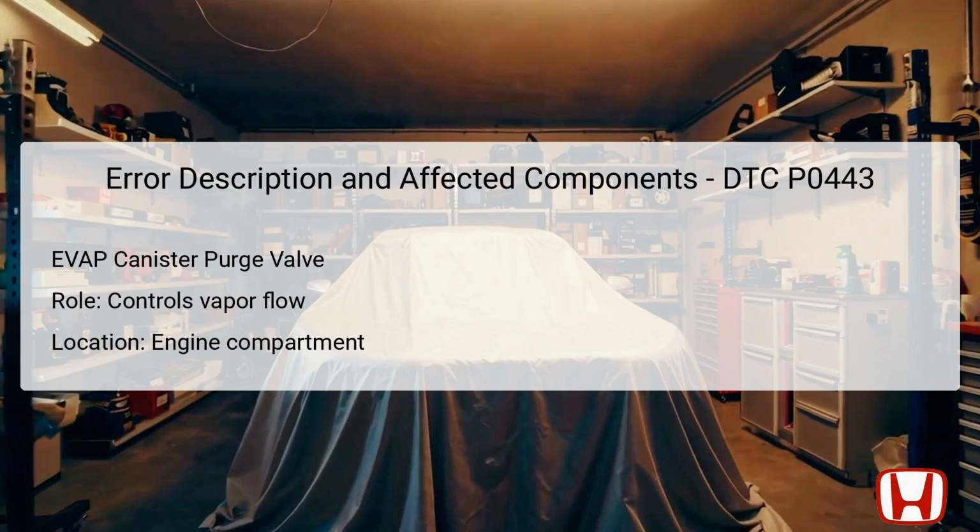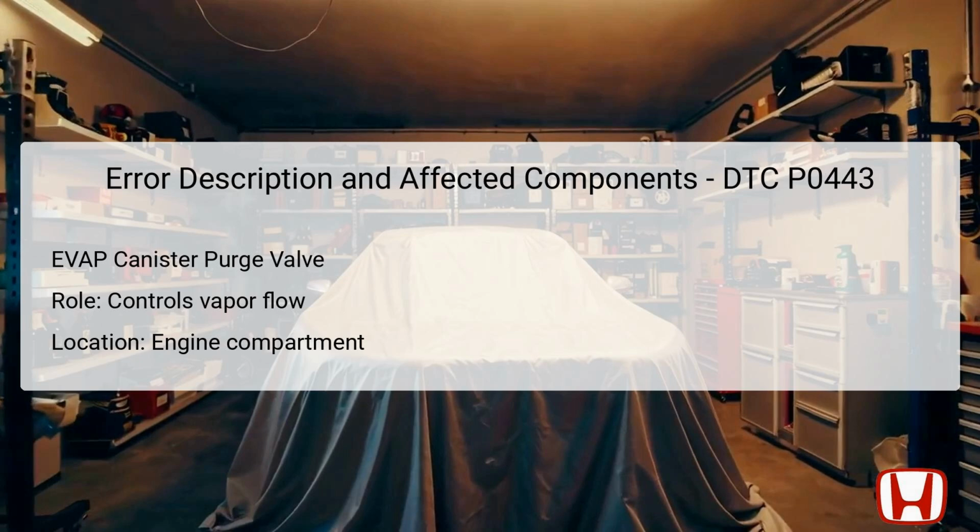The valve operates under the direction of the engine control module, ECM, which activates it at specific times based on engine conditions. A malfunction in this valve can lead to poor engine performance and increased emissions, necessitating prompt diagnostic and repair action when the P0443 code appears.